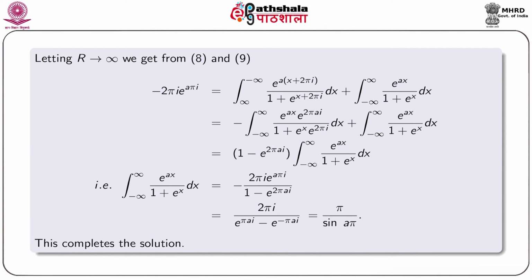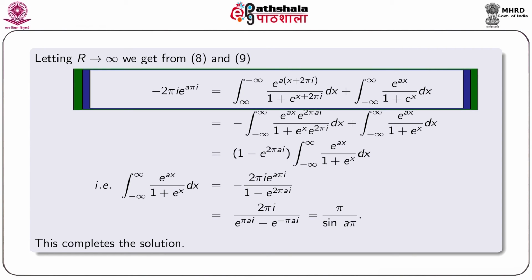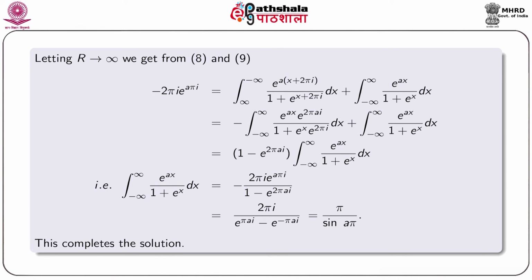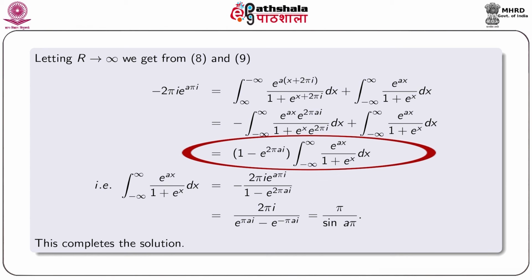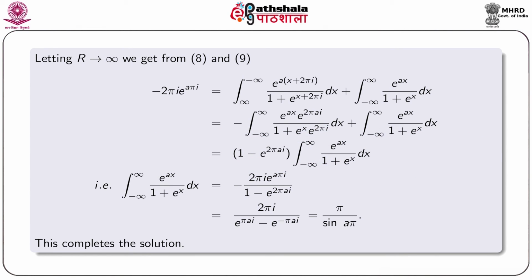Therefore, letting r tend to infinity, we get from 8 and 9: minus 2 pi i e to the power a pi i equal to the integral from infinity to minus infinity of e to the power a(x plus 2 pi i) by 1 plus e to the power (x plus 2 pi i) dx plus the integral from minus infinity to infinity of e to the power ax by 1 plus e to the power x dx, and which is equal to (1 minus e to the power 2 pi ai) times the integral from minus infinity to infinity of e to the power ax by 1 plus e to the power x dx.